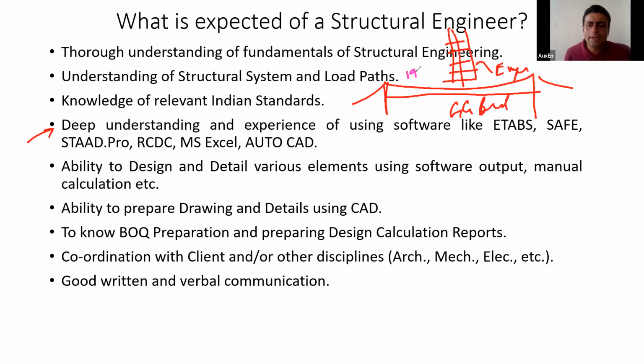Okay. So in 1930s, you did not even have the moment distribution method developed quite well. Forget about computers or the matrix method. You did not even have the moment distribution method developed. So then how were they able to design and provide these structures? By the basic hand calculations and by the basic understanding.